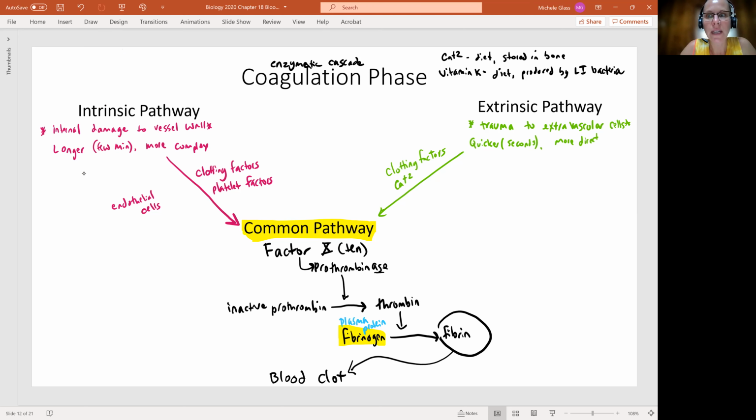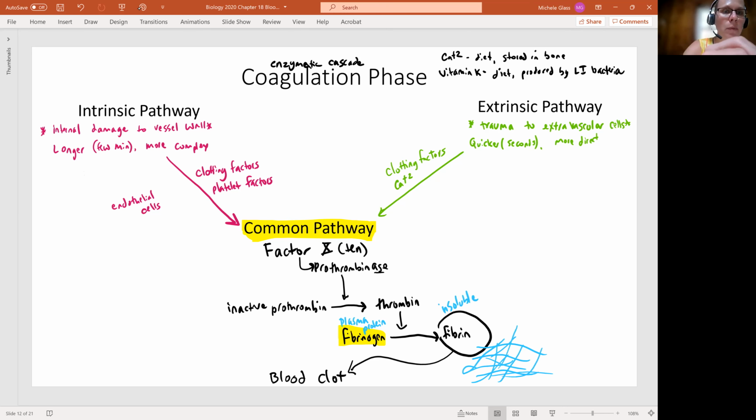So that's why we see a cascade to get us to this step. Fibrinogen is soluble, meaning that it's floating through the bloodstream. Fibrin is insoluble, meaning it's a strand. It's a protein strand.